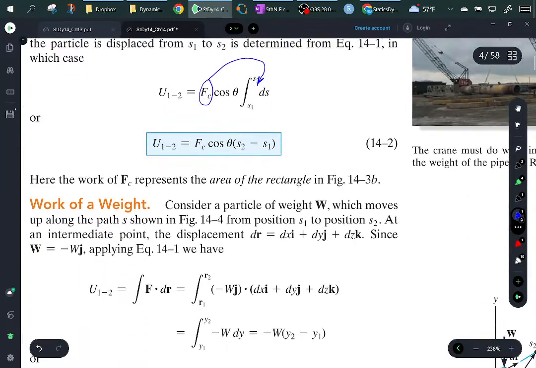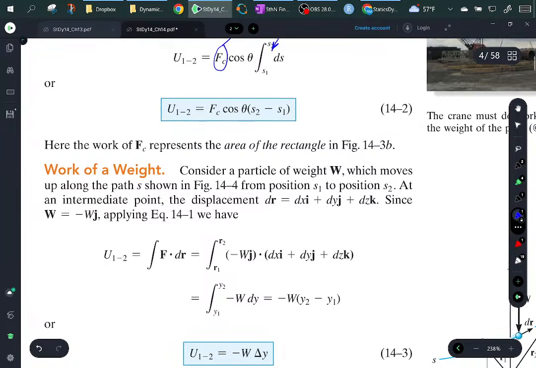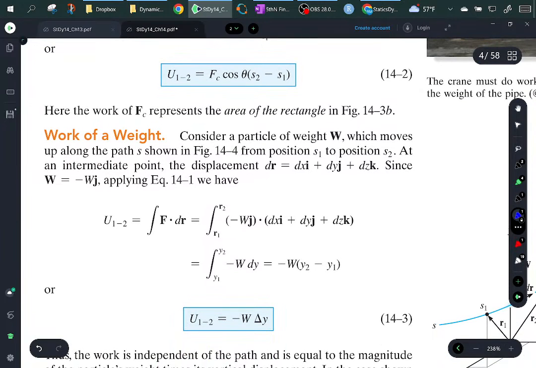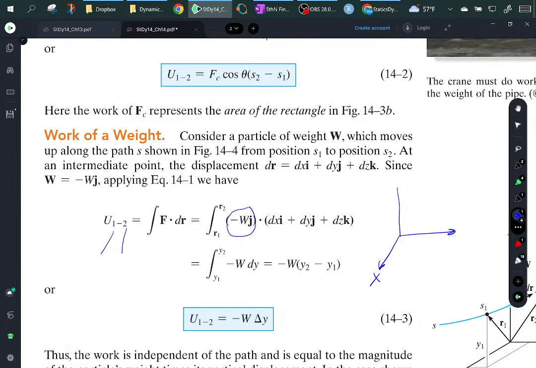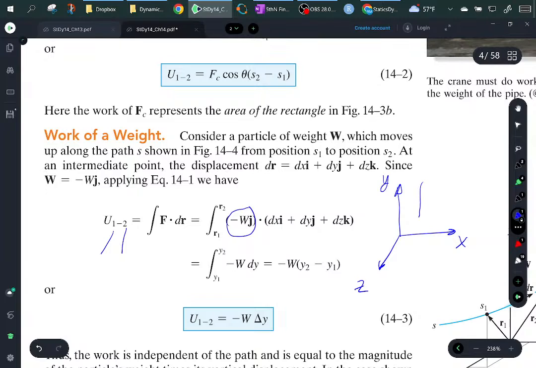Now this is where work of a weight comes in. This is going from place or state 1 to state 2. Notice he's saying the weight only goes down. In other words, we have a coordinate system that might look like this, he's saying x, y, and z like this. Gravity acts in the negative j direction, so you've got a minus sign, and there's your weight.